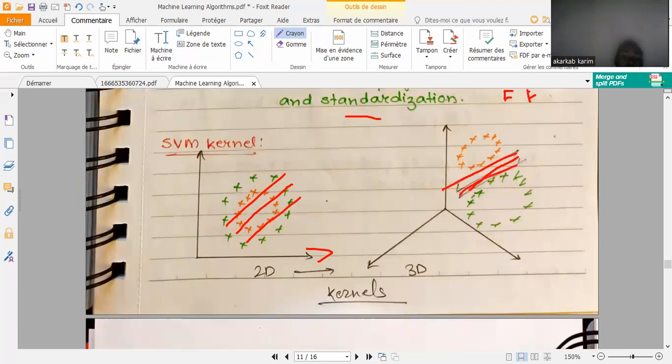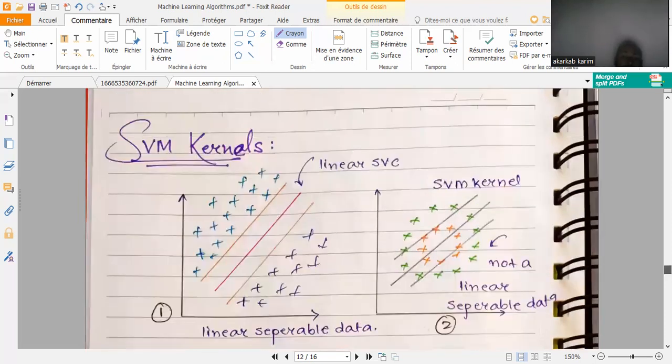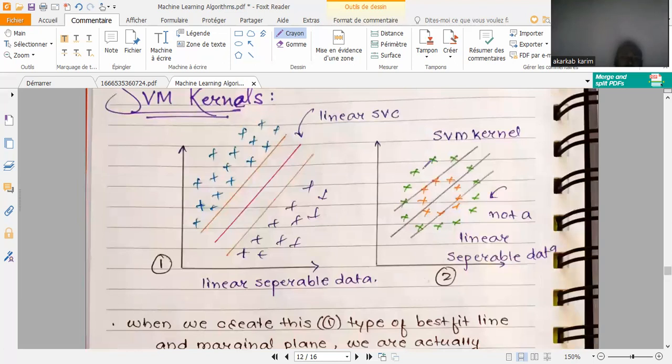Higher dimension is better than low dimension. So the kernel is for the support vector classifier. We have the split line, and we linearly separate the data, but here it's not linearly separable because the shape or pattern of the data is different.